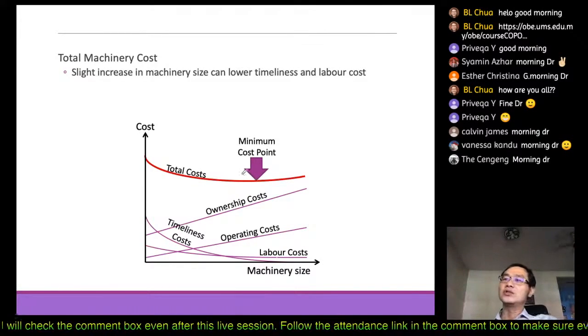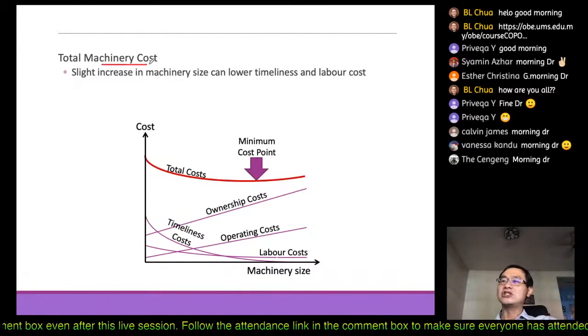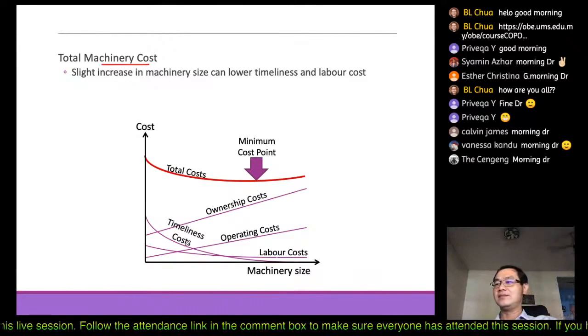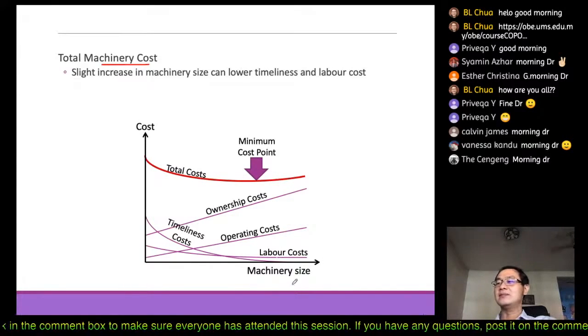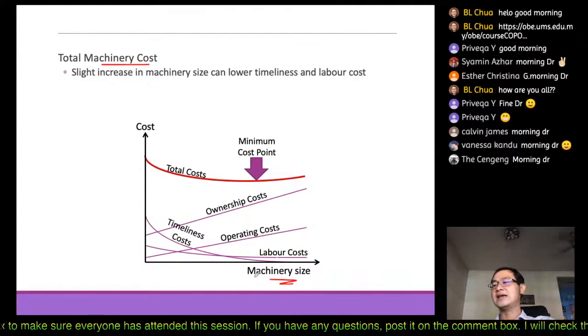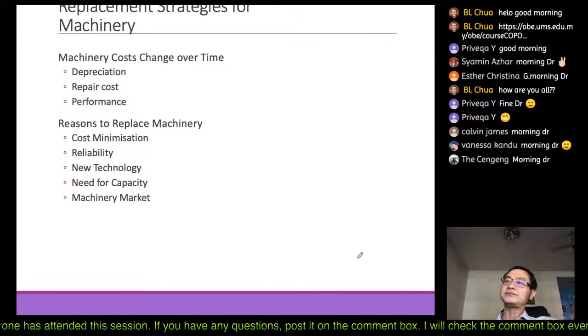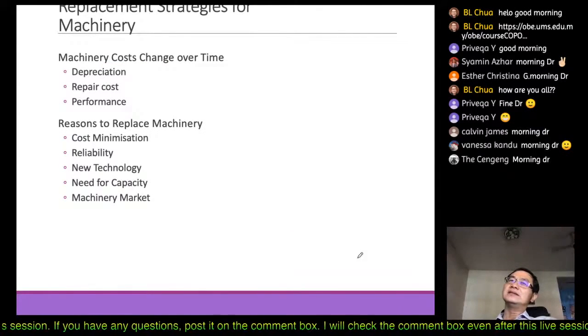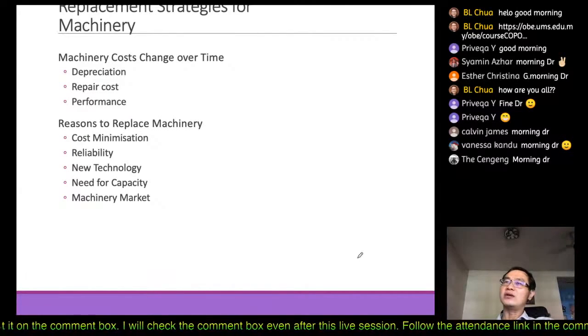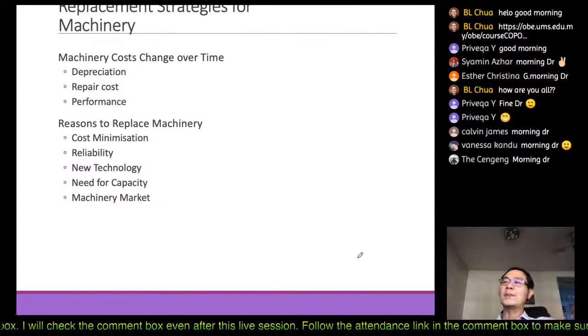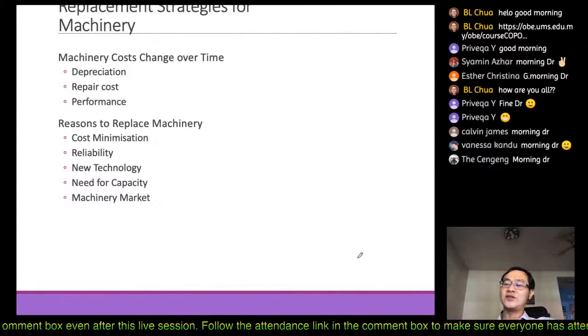We will see that the total machinery cost can be reduced when the machinery size is usually greater. But whether to replace the machines or systems or to maintain them, there are a few strategies.